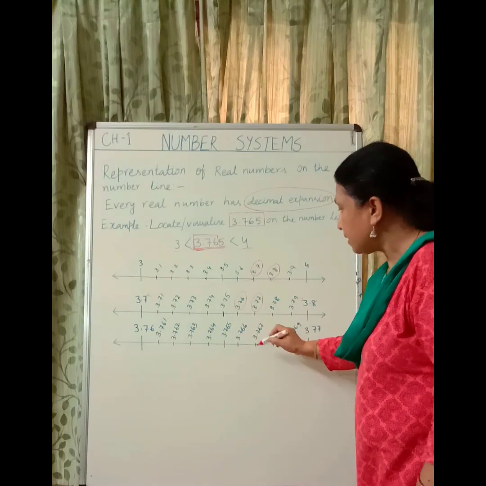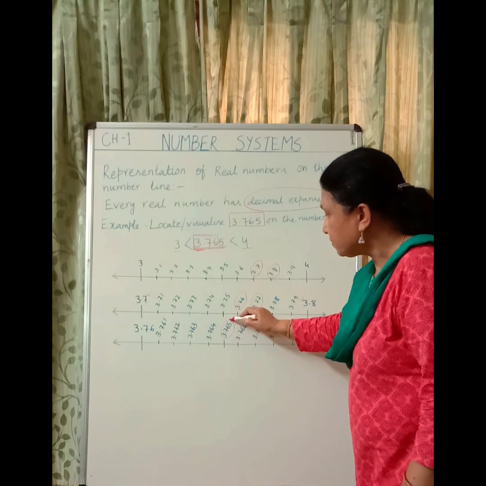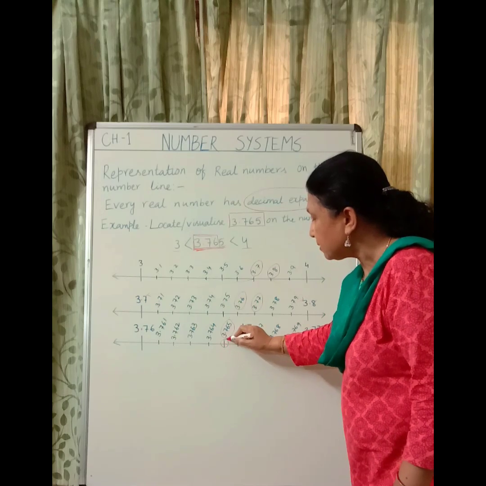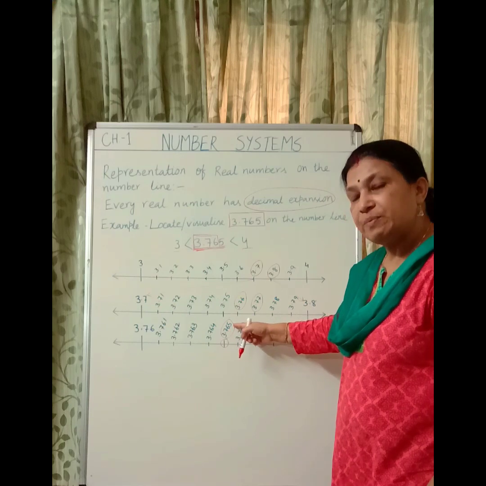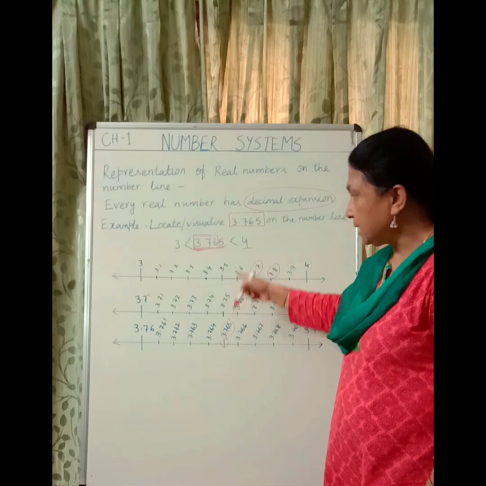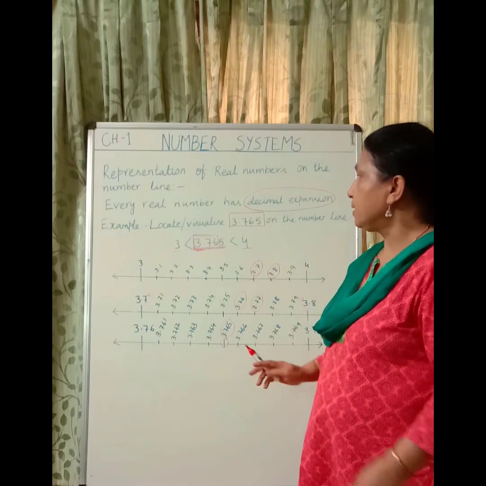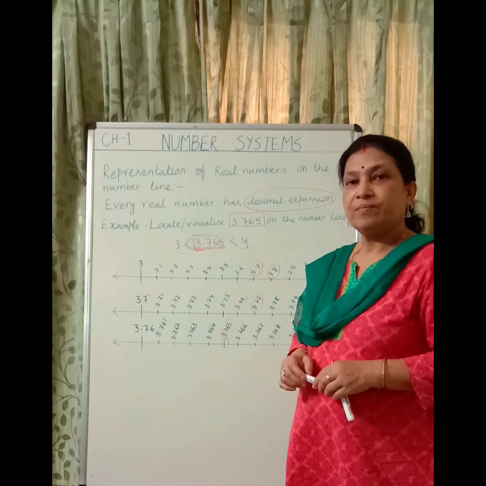Where do we have 3.765? 3.765 is here on the number line. So with 3 places after the decimal point we get this number in 3 steps. So this is the way we will be locating decimal numbers on the number line.